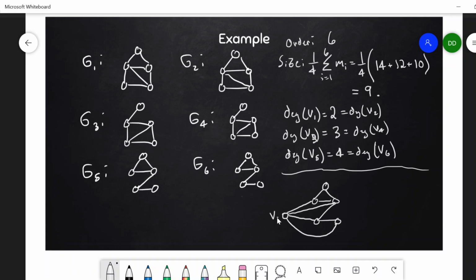So this would be my V sub 5. This would be my V sub 6. This would be, let's say, V sub 3, V sub 4, and V sub 1, and V sub 2. So let's check V sub 6. We'll just go one by one. So let's do G1. What would G1 look like? So I'd remove that.